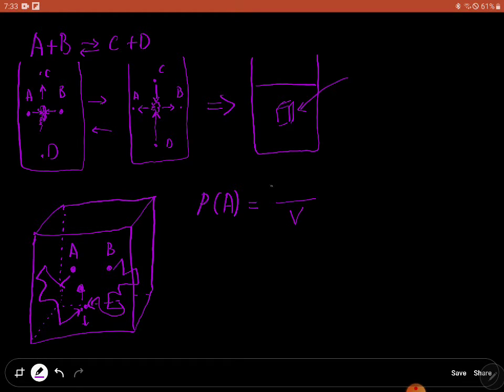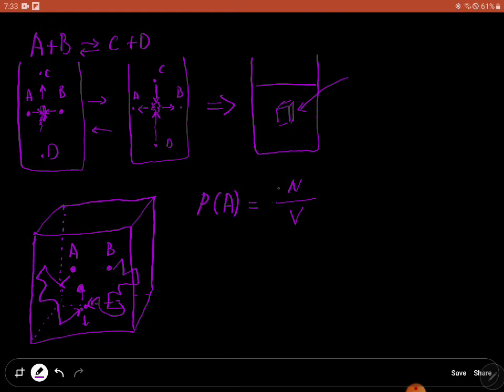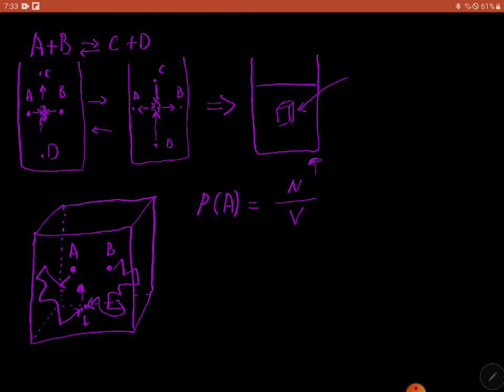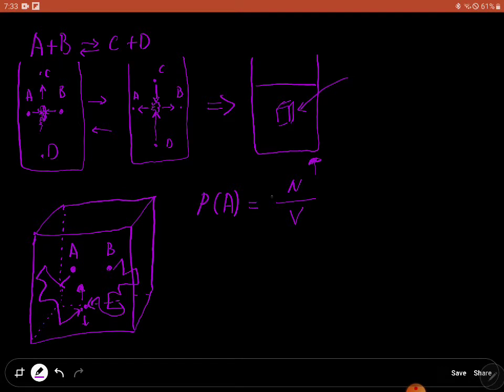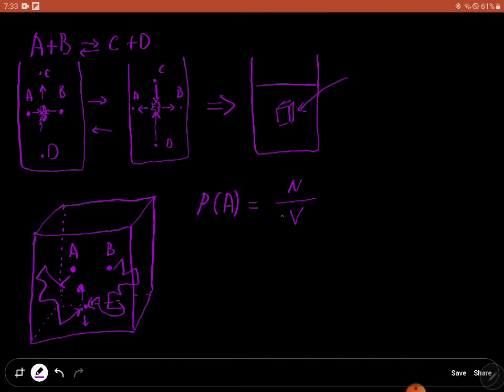Let's say a number, capital N. I have a certain number of A overall in these solutions, and then I look at a specific space, so I divide by V, the space. So this is the probability that A is present in this space.